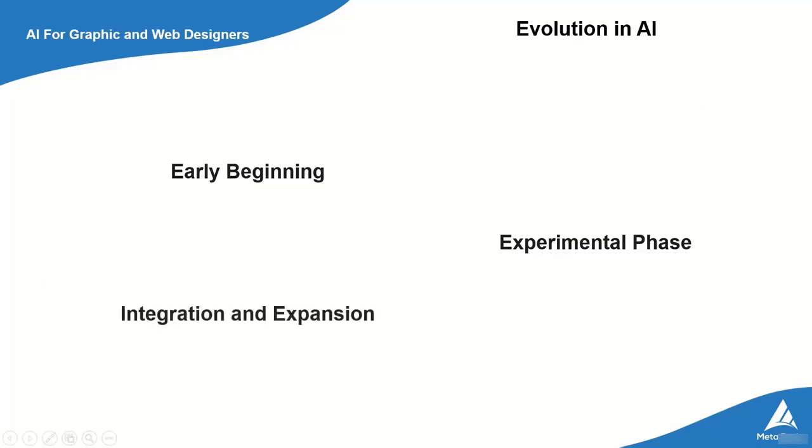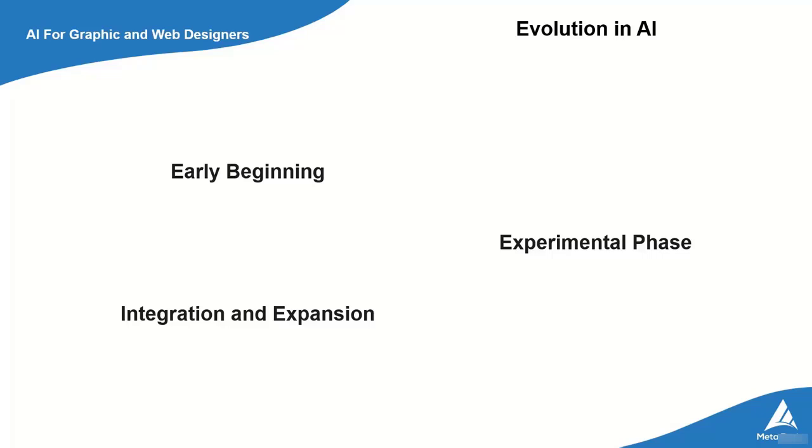Integration and expansion. Machine learning and data-driven approaches started gaining traction. Design tools began integrating AI to enhance functionality in the 2000s, such as Adobe's Creative Suite. In the 2010s, the proliferation of cloud computing and big data further enabled AI in design.